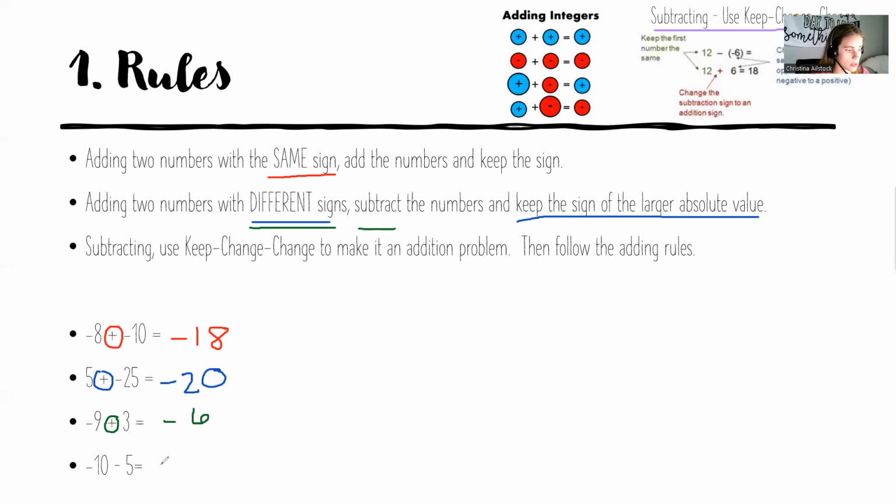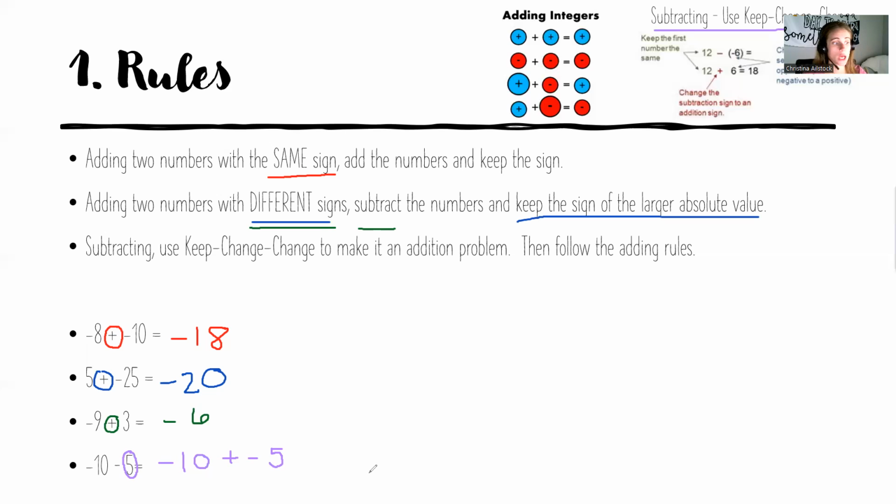So I keep the first number the same. I change my subtraction sign to addition. And then I change the sign of my second number and I make it the opposite. So it's currently a +5. It's now going to be a -5.